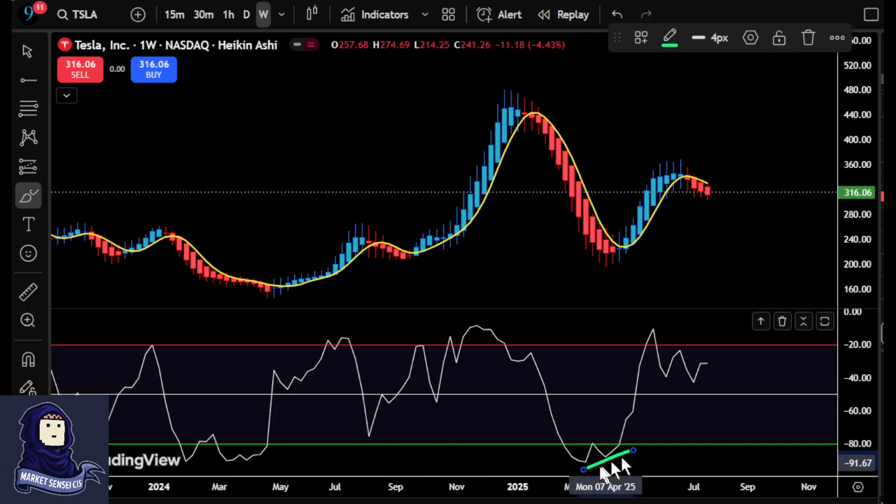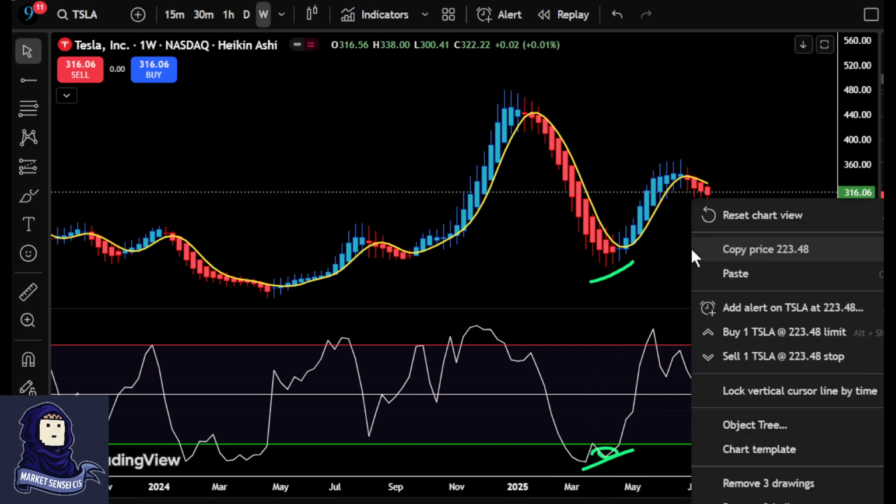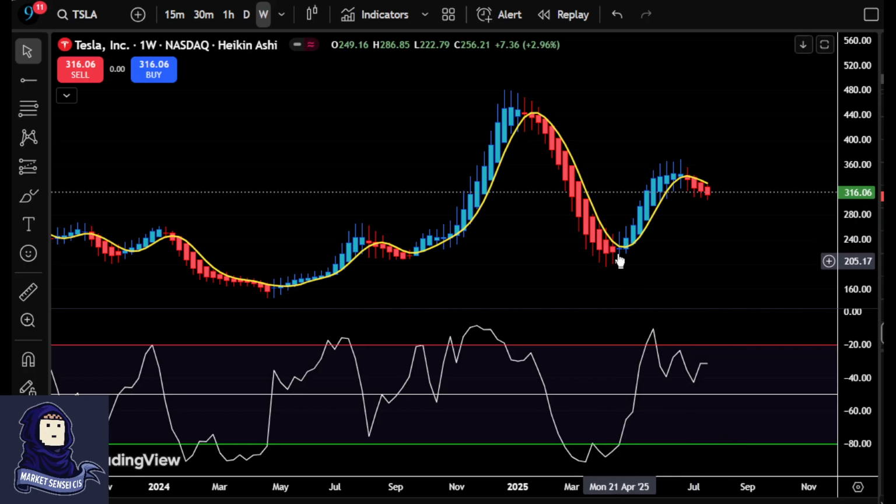If you're trying to trade it this way, you can buy here when there's the second part, when there's a higher low on the indicator. If you buy in from here, you have entered somewhere around here, quite similar to my momentum method.